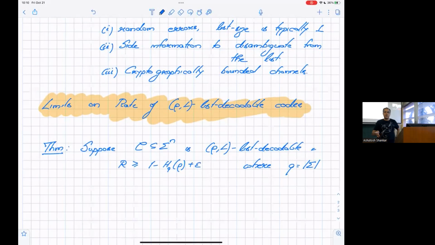Then I want to say that actually this list decodability is not a meaningful concept. If the rate is so large, there will exist words for which the list size has to be exponentially large. Then L will be greater than 2 to the power.